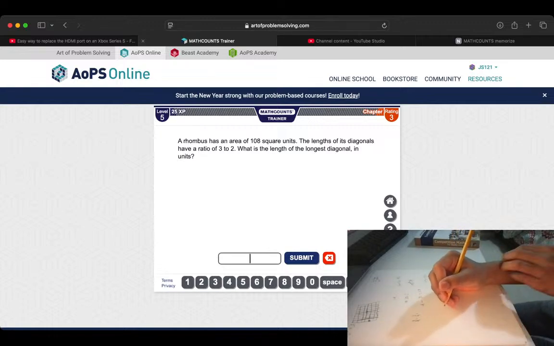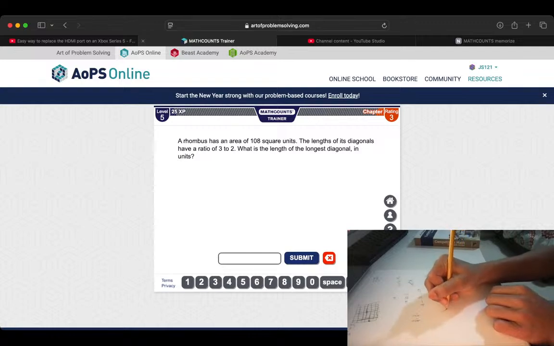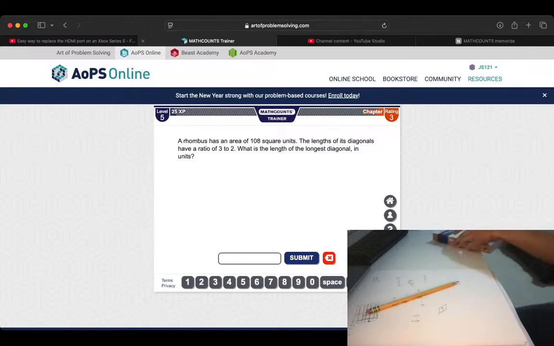A rhombus has an area of 108 square units. So if its diagonals have a ratio of 3 to 2. Okay, so I can imagine a rhombus. Then it has 108. What does diagonals mean?